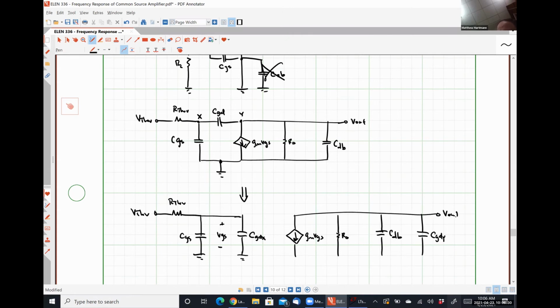Here is my output. And all of this down here is ground.